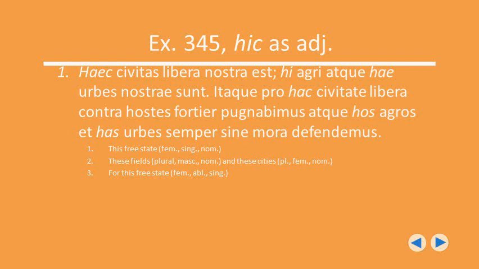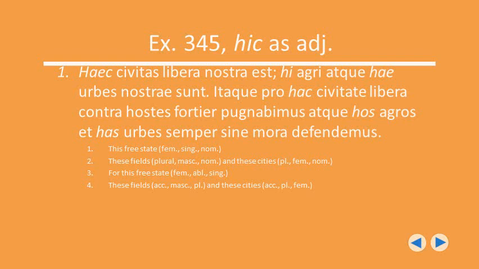So we've changed the case. Can you see which case that we've changed it to? Hi agri to hos agros, hae urbes to has urbes. Can you tell? That's right. We've changed it from nominative to accusative.